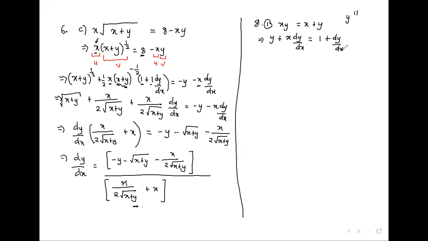Then we can solve for dy dx, so that we have dy dx is equal to (1 minus y) over (x minus 1).